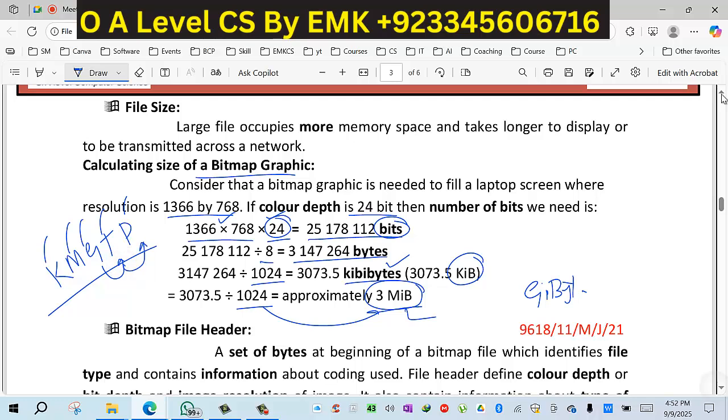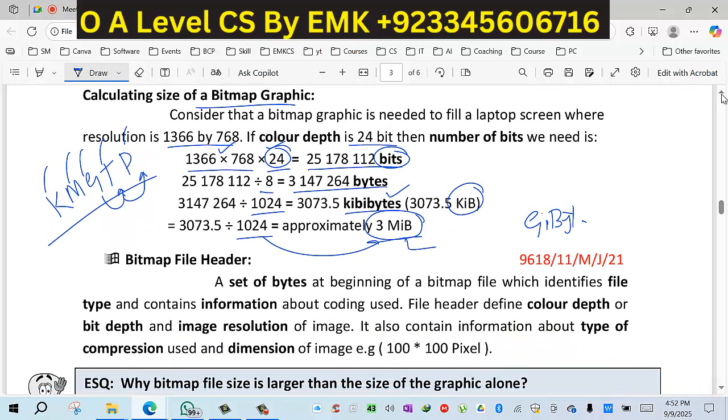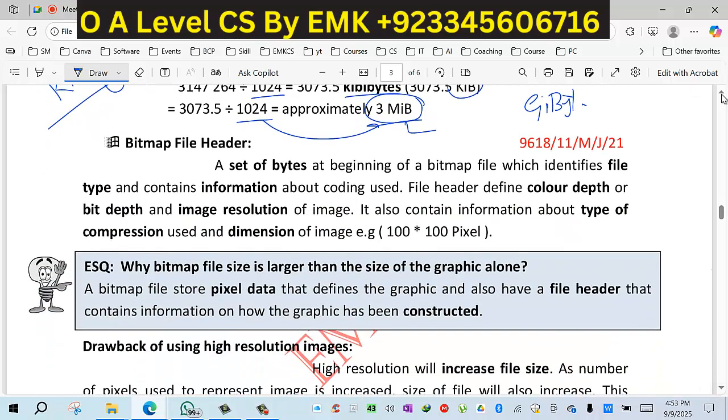Understood? Yes. Okay. Then we have the bitmap file header. Remember that this question has been asked in the exam as well. We will have a set of bytes at the beginning of a bitmap file. This set of bytes helps me identify the file type and information about the coding used, that is, how your file has been encoded.